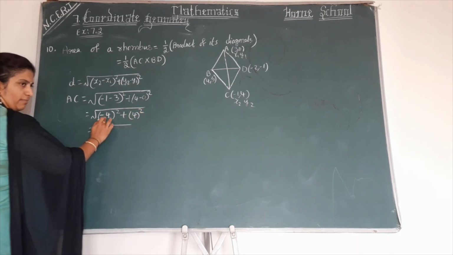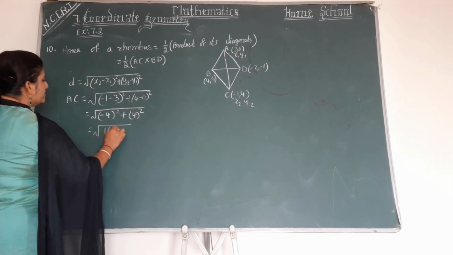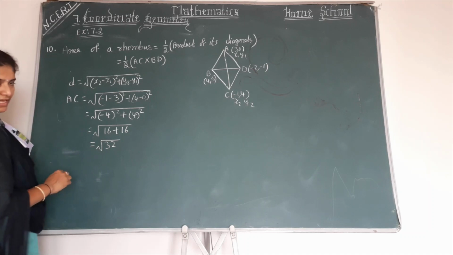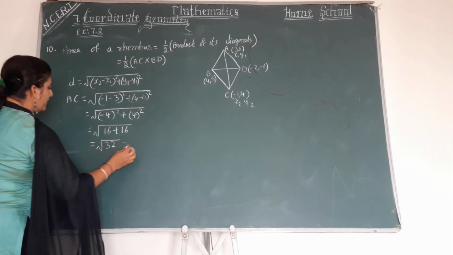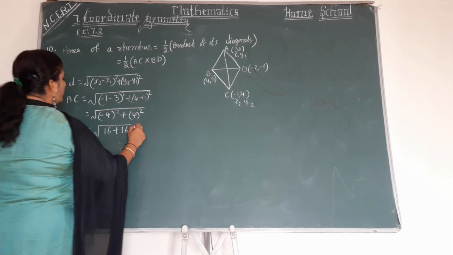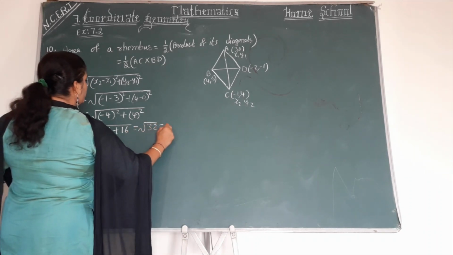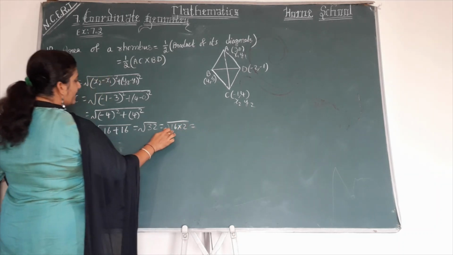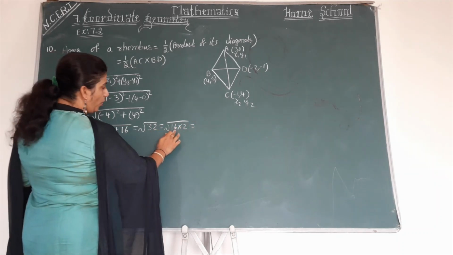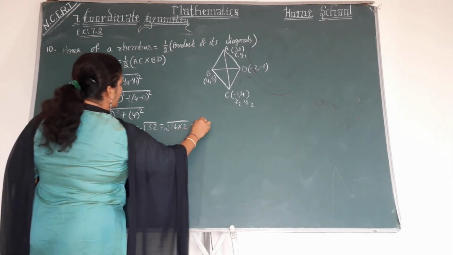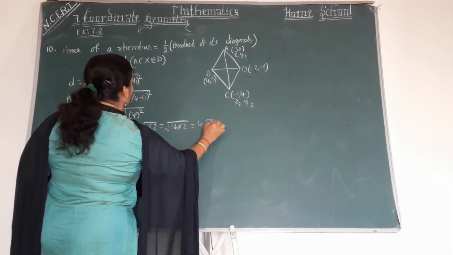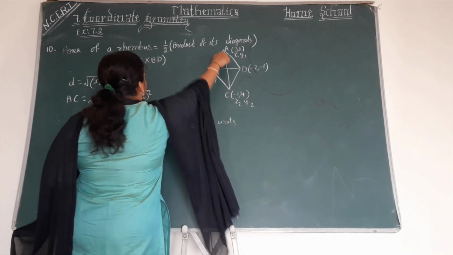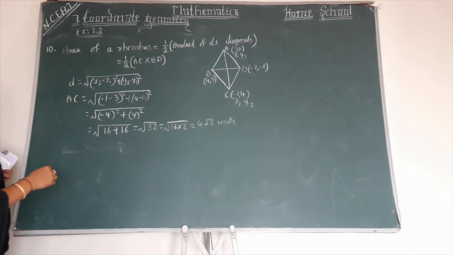Minus 4 whole square, minus into minus plus, 4 fours are 16. 4 fours are 16. Then 16 plus 16 will be 32, and you can rewrite this. How do you write this? This will be root 32 and this further you can simplify. 16 twos are 32, where 16 is a perfect square. So what is the square root of 16? It will be 4 root 2. What is your answer here? 4 root 2 units is the distance of AC diagonal.